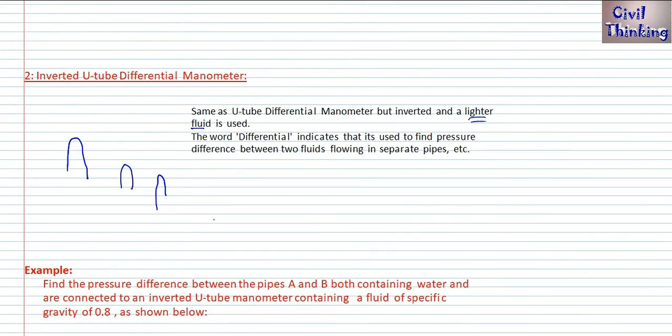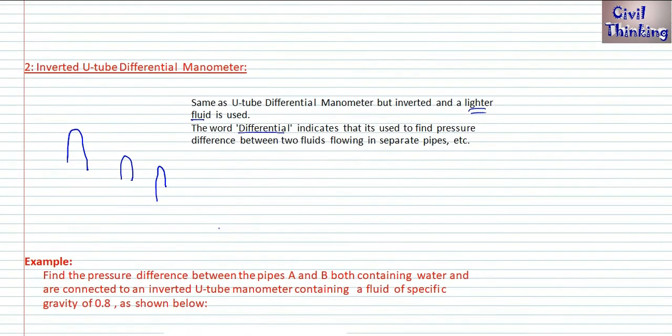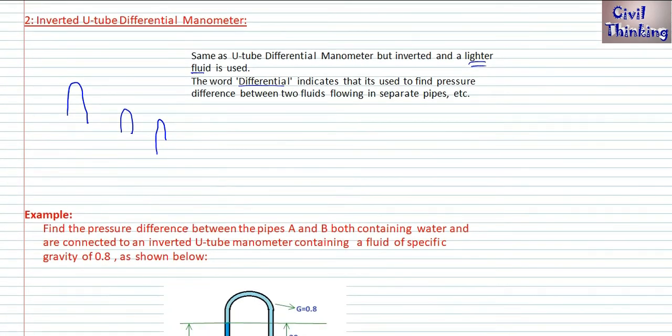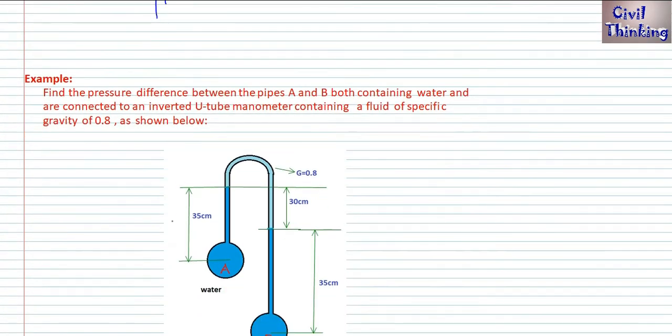As we have seen in the U-tube differential manometer, there was a heavier fluid like mercury, but in the inverted one we will use something whose density or specific gravity is lower than the fluids whose pressure we want to find. The word differential indicates that it is used to find the pressure difference between two fluids.